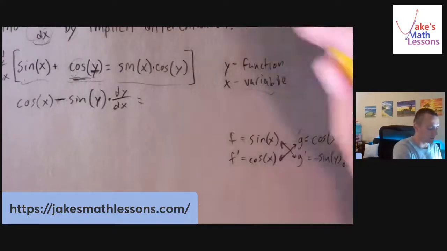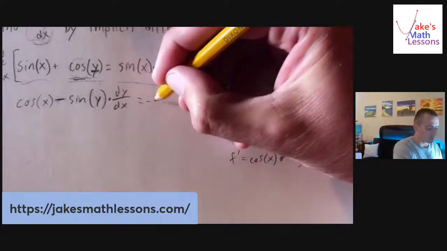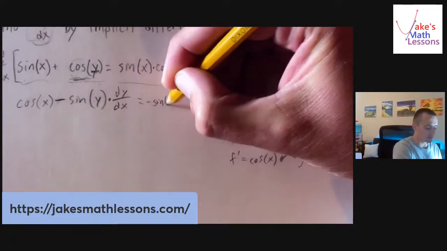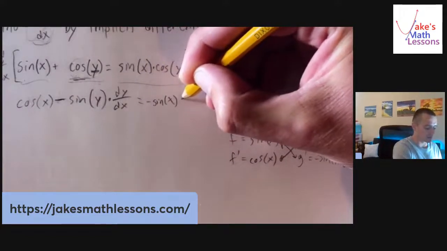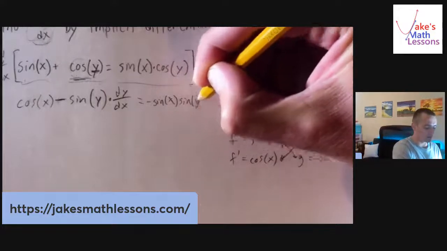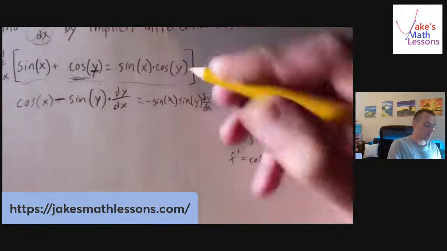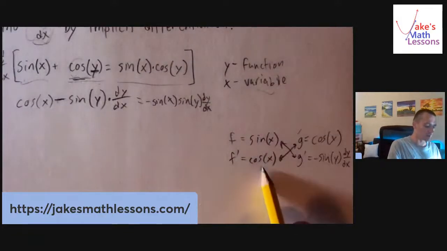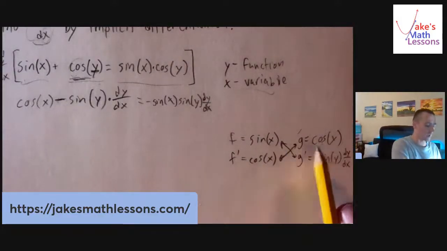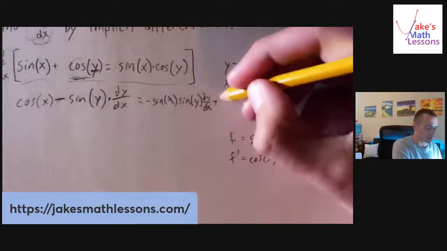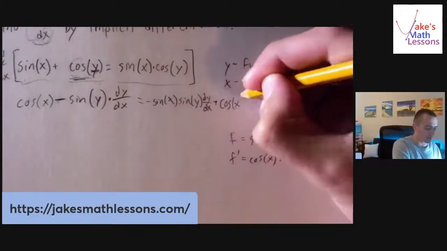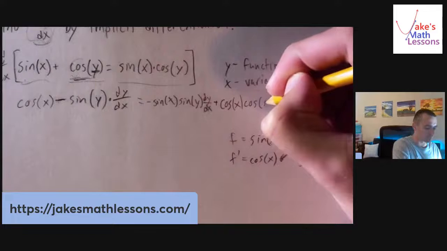So that'll just give us negative sine of x times sine of y dy dx. And then we're going to do cosine of x times cosine of y, and then add that in. So plus cosine of x times cosine of y.